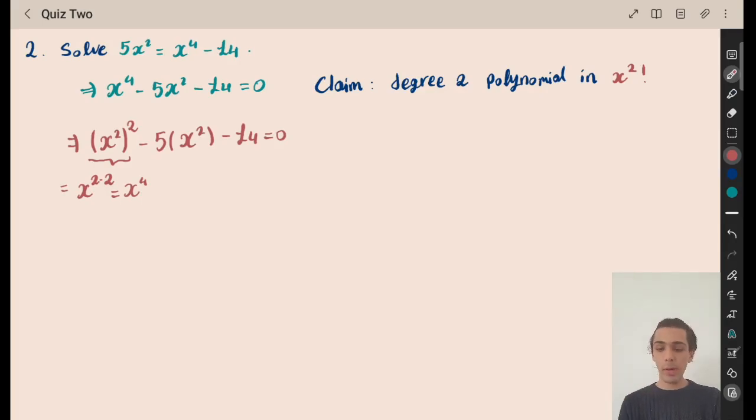And I'll even do a better thing. I'll choose x squared to be some variable. Let's say your favorite letter, well, my favorite letter, which is u.